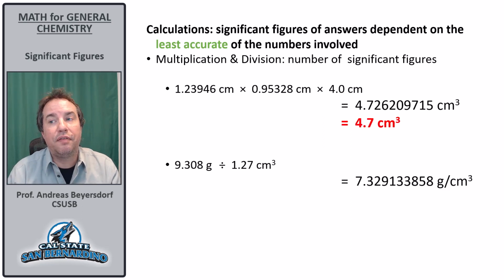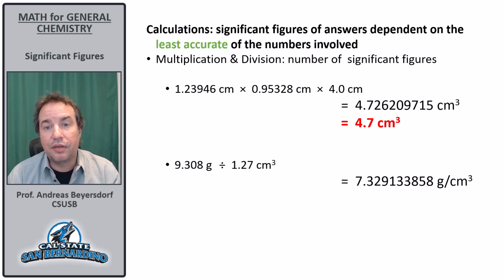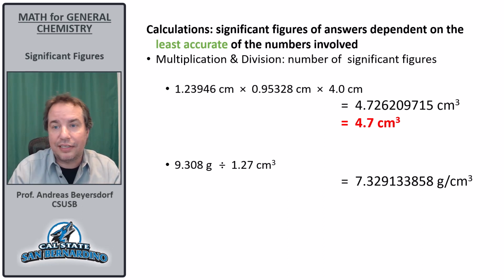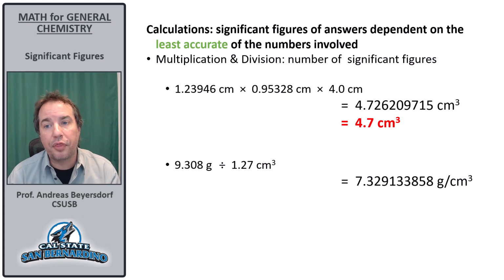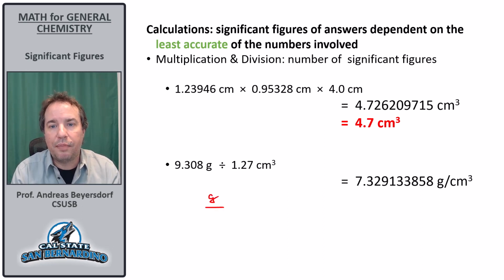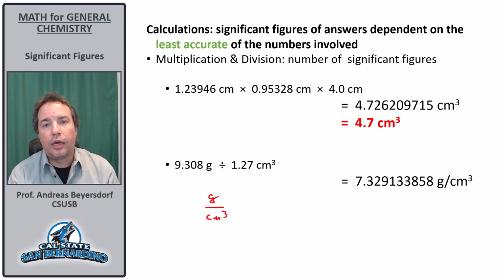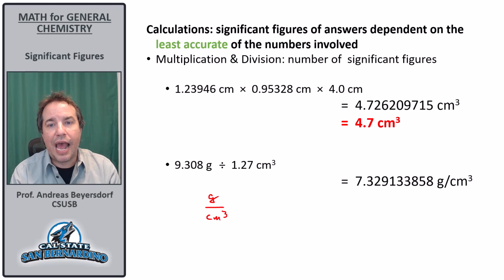Let's try one with division. Let's say we have 9.308 grams divided by 1.27 centimeters cubed. Well, I put it in my calculator. I get this 7.329133858 grams per centimeter cubed, right? I take grams, divide by centimeters cubed, and that's how I get these units. Well, 9.308 has 4 significant figures. 1.27 has 3.